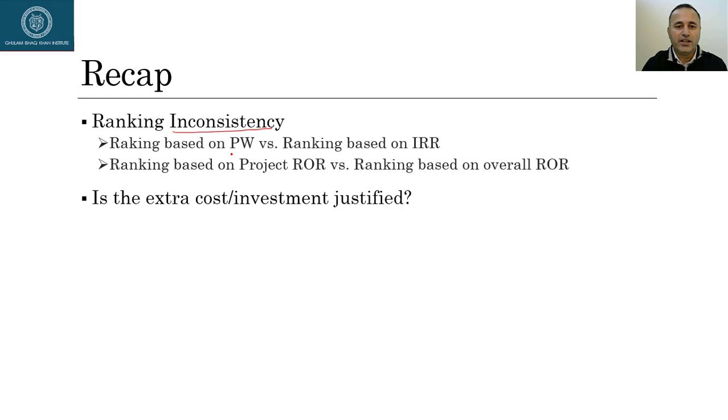Ranking inconsistency exists between two different analytical tools, or even within, let's say, rate of return, it really depends whether I'm comparing project rate of return versus overall rate of return.